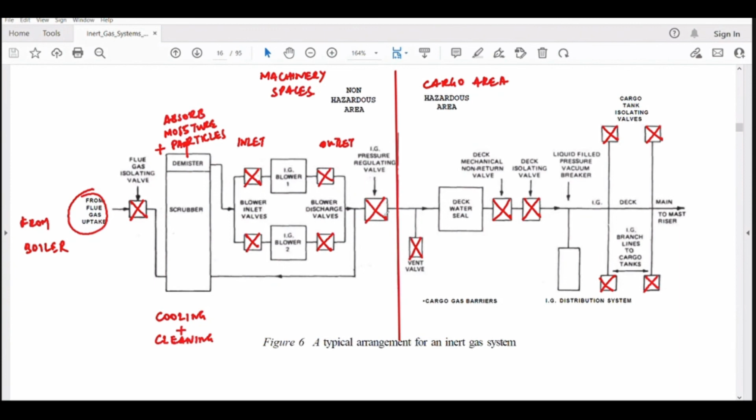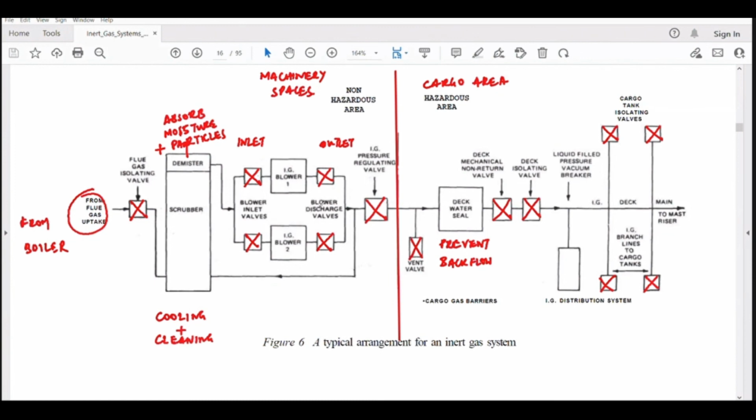The purpose of the deck seal is to prevent backflow of gases from the hazardous area to the non-hazardous area. Here we have very high hydrocarbon content in the gases. So if this hydrocarbon content goes back, there can be an explosion.